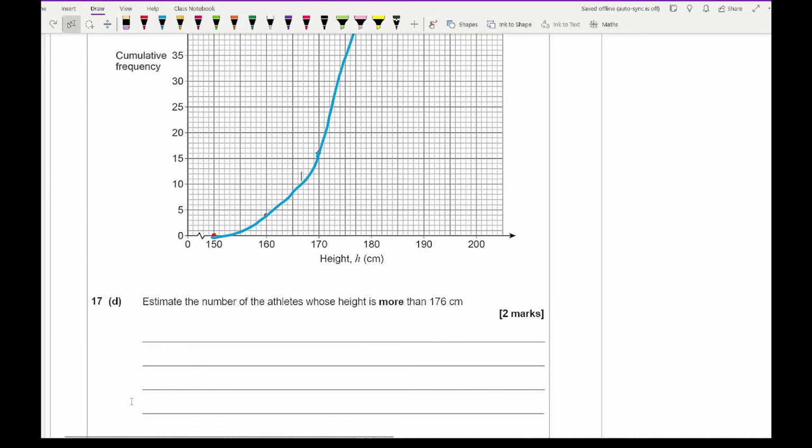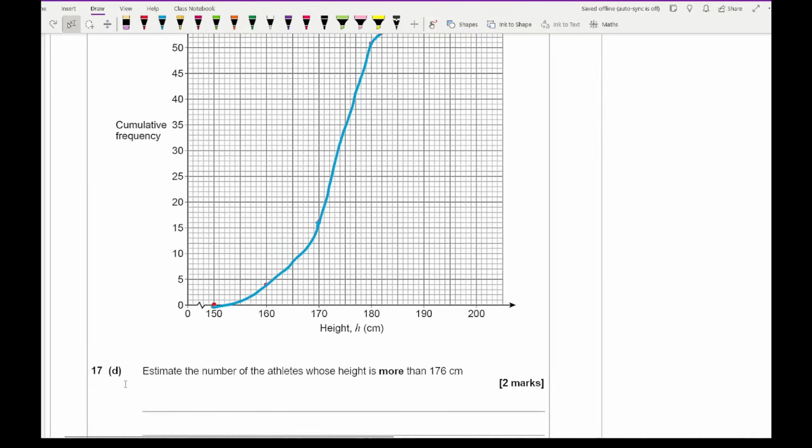The next question then says estimate the number of athletes whose height is more than 176. So you want to find 176 along the x-axis. You then want to draw your line going up to the curve. Then as soon as it hits the curve, you then want to go across. So I make mine to be roundabout 37.